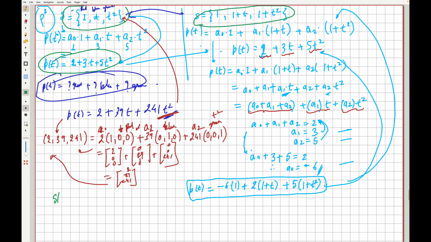So with the standard basis vectors, the coefficients were 2, 3, and 5, whereas in the tilted option that we just looked at, the coefficients were different, which was -6, 3, and 5.